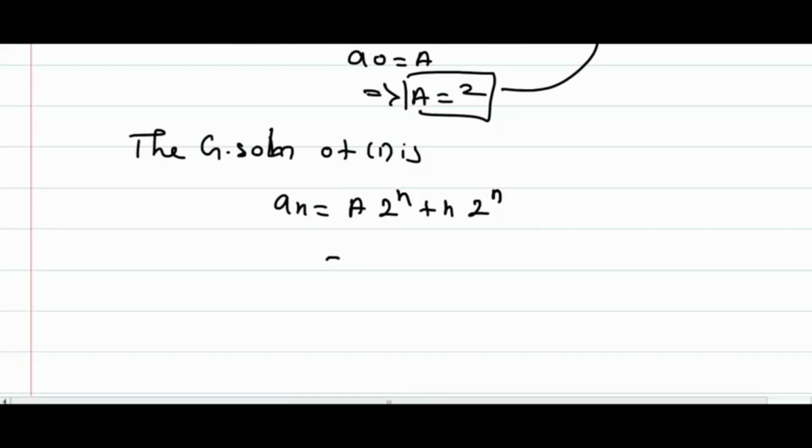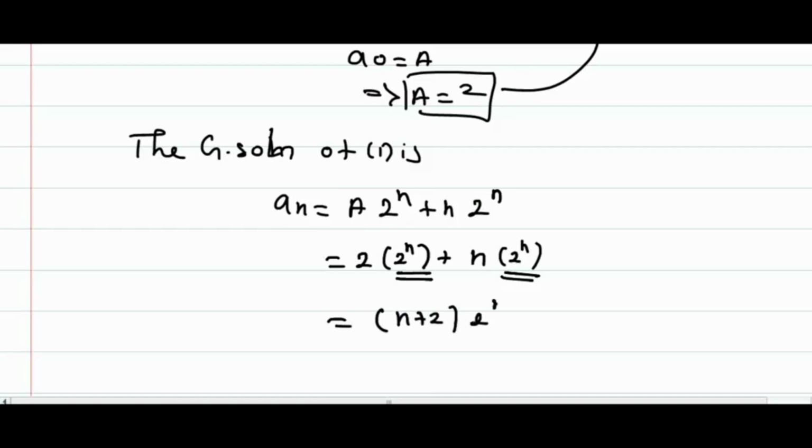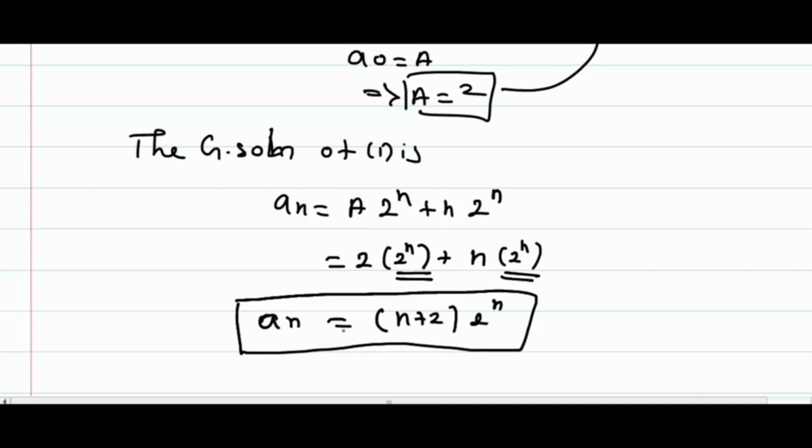We know the A value is 2, so 2 into 2^n plus n into 2^n. Here we take 2^n outside, so we get (n+2) into 2^n. That is nothing but the a_n value, which means the nth term of the given recurrence relation. The general solution of the given recurrence relation is a_n equal to (n+2) · 2^n.